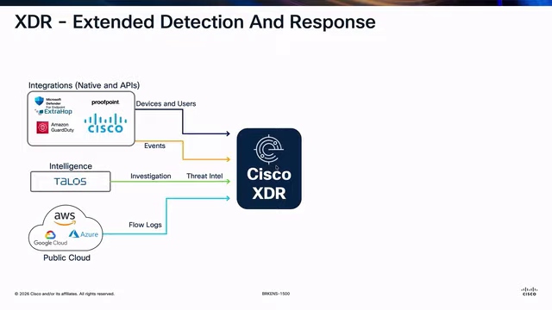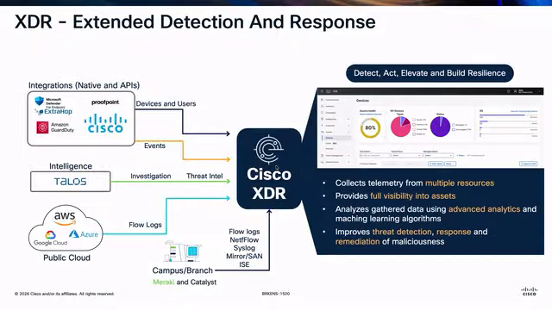So you can collect the intelligence across Cisco components, leverage Talos, AWS flow logs, syslogs, NetFlows, and you can have it all represented in one dashboard, which collects telemetry from multiple sources, ISE included, and you have full visibility across your network.